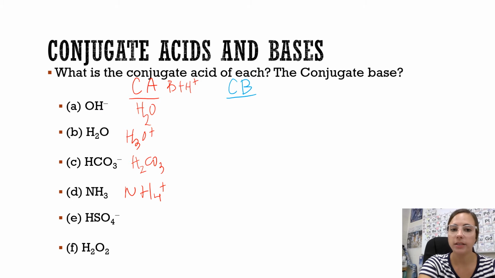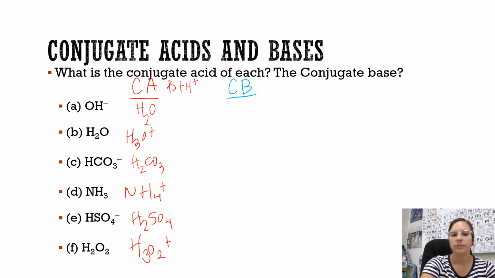HSO4 minus plus H plus gives me H2SO4. H2O2 plus H plus gives me H3O2 plus. So again, if it was neutral and I added H plus, it's now positive. If it was negative and I added H plus, it's now neutral.